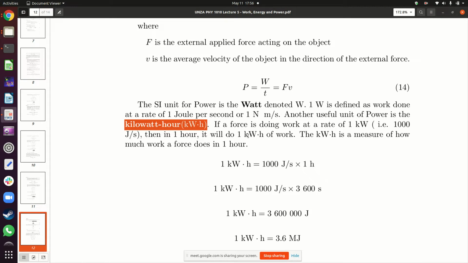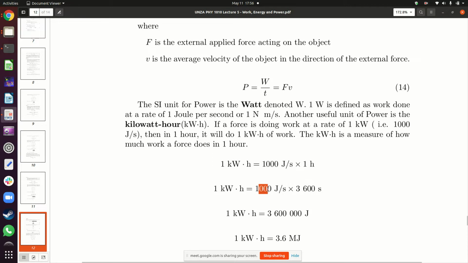So the kilowatt hour is actually a measure of work: power multiplied by time. So 1 kilowatt hour is equal to 1000 joules per second multiplied by 1 hour. But the 1 hour itself is equal to 3600 seconds.